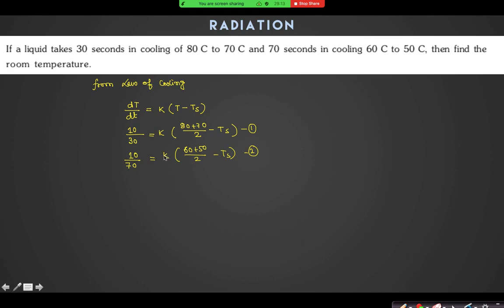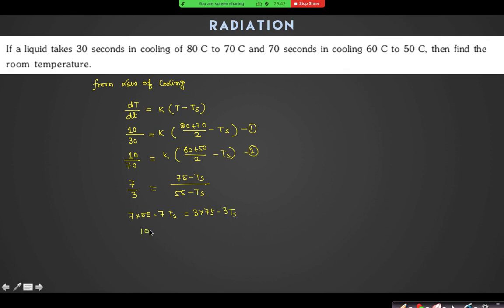If I divide 1 by 2, it is 7 by 3, which is 75 minus Ts divided by 55 minus Ts. If you solve for Ts, 7 into 55 minus 7 Ts is equal to 3 into 75 minus 3 Ts.